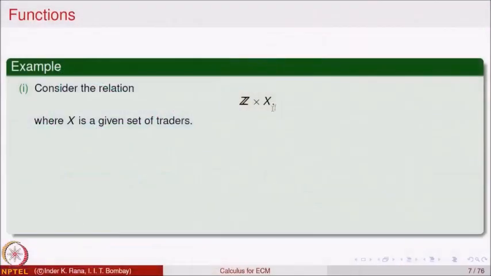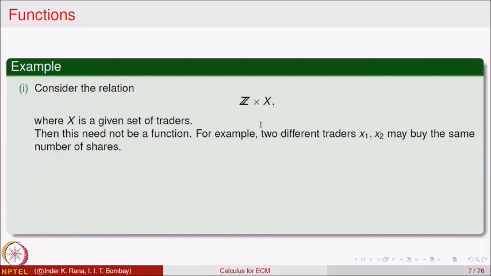So, consider the relation Z cross X, where X is the given set of traders, right. And then we looked at the pairs n comma x. That means the whole set, the Cartesian product of integers with X, this is not a function, because we can have two different traders, say x 1 and x 2, buying the same number of shares, say 10.